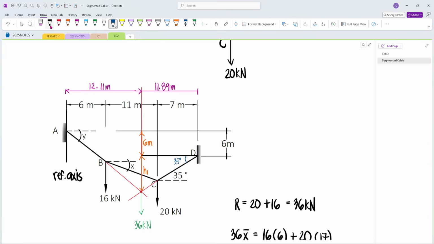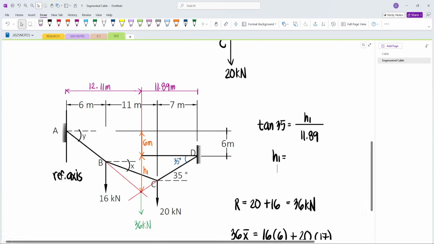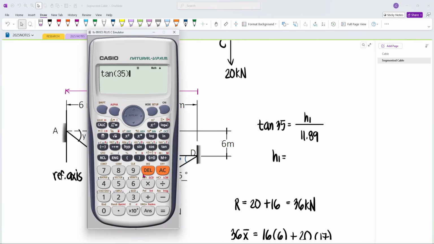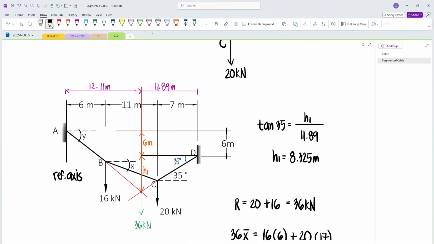Ayan. So, we can use the tangent function, opposite over adjacent. We have tangent of 35 degrees equals h1, opposite, tas yung adjacent is 11.89. So, solving h1, we have tangent 35 times 11.89. We would get 8.325. This is in meters.